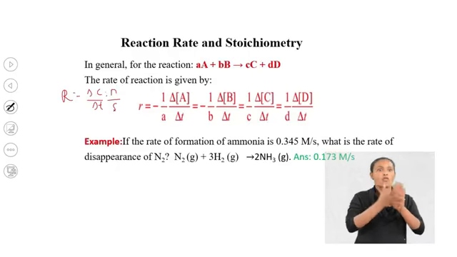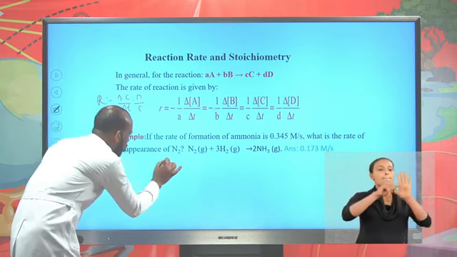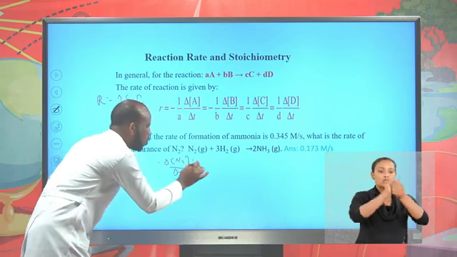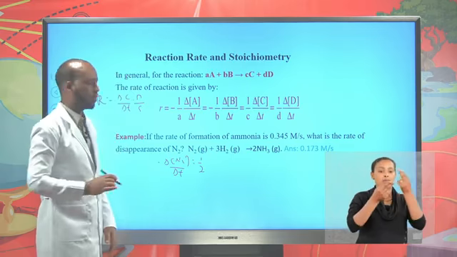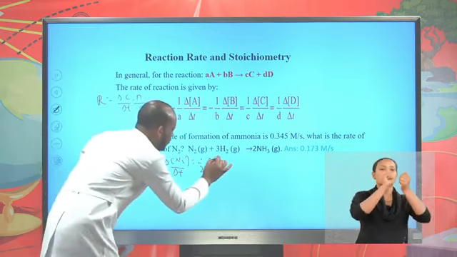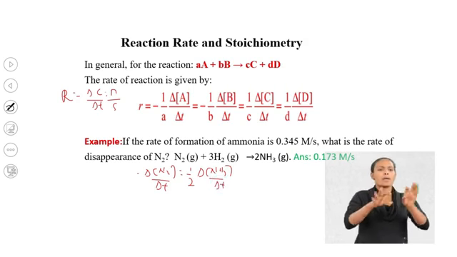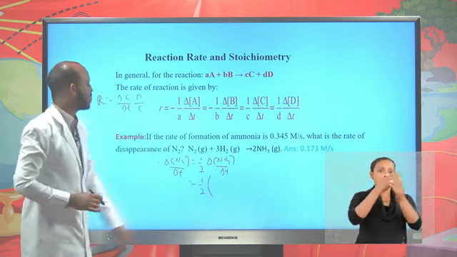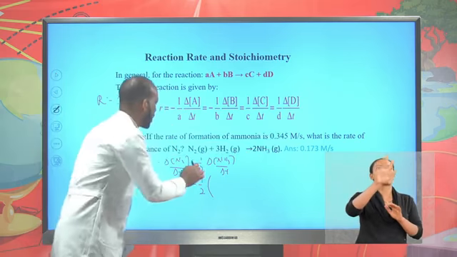Now, rate of disappearance of nitrogen is minus change in concentration of N2 divided by change in time, equals 1 over 2 times change in concentration of NH3 divided by change in time. Now the rate of disappearance of nitrogen equals half times the rate of appearance of ammonia, which is 0.345 molar per second.